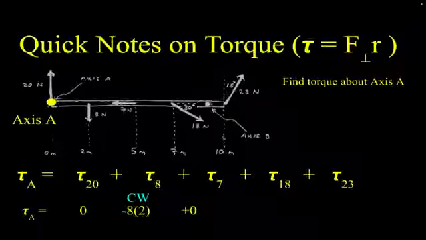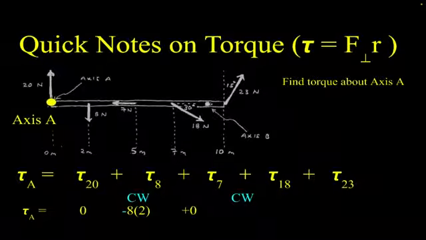Finally, we get to the 18 Newton force. This force is going to make the door rotate clockwise. A way to see that is this component right here that is perpendicular to the door of that 18 Newton force. That would make the door rotate clockwise if that were the only force acting on the door. So we have to peel off this part that's perpendicular.